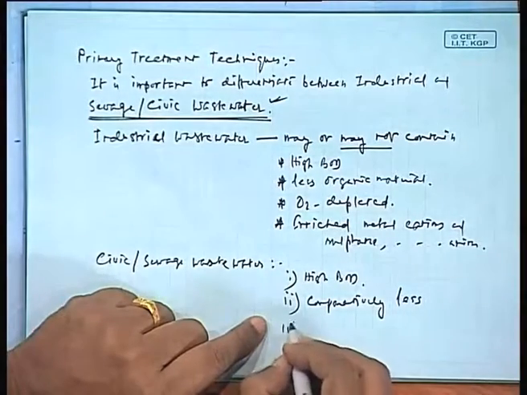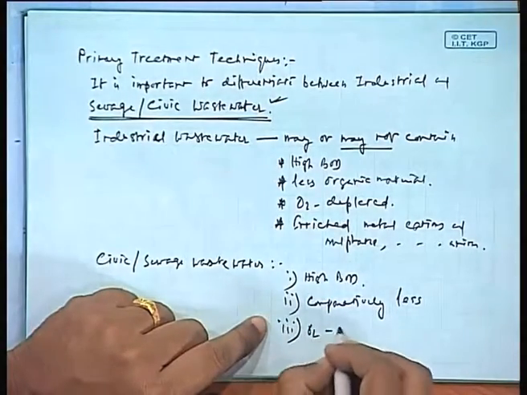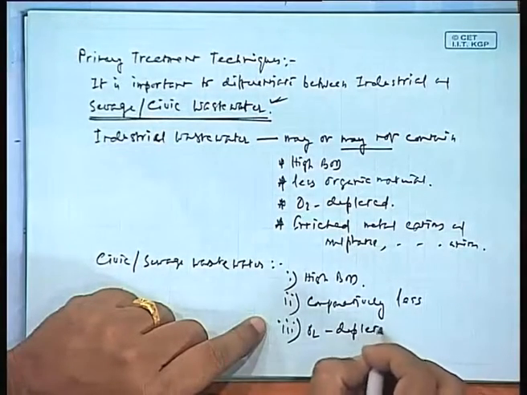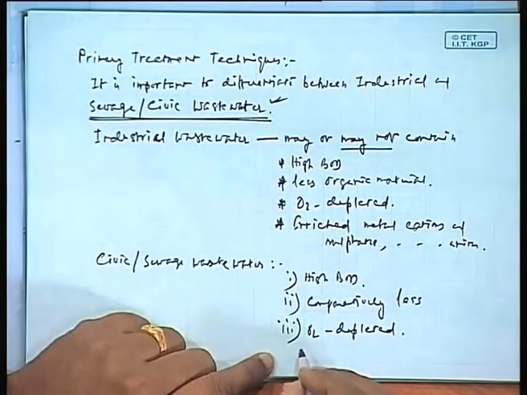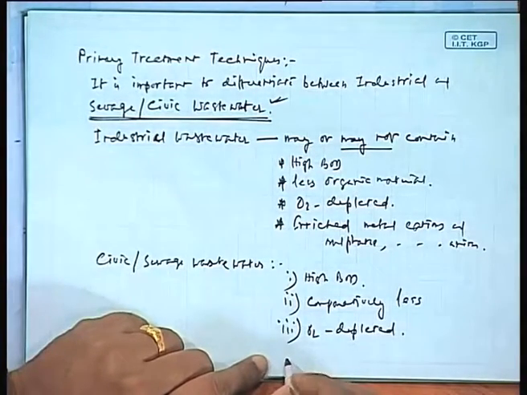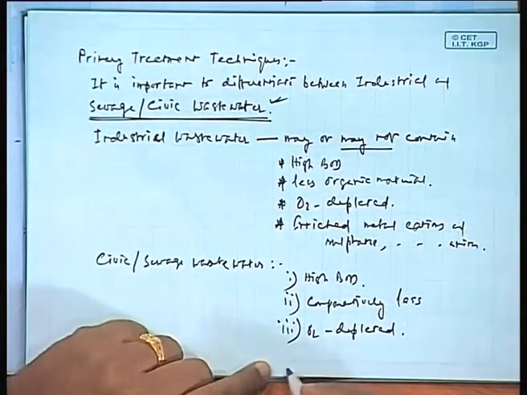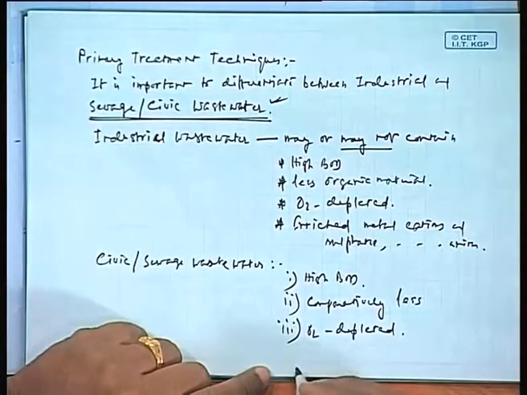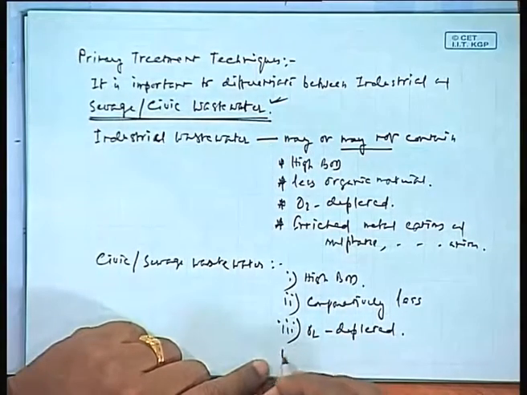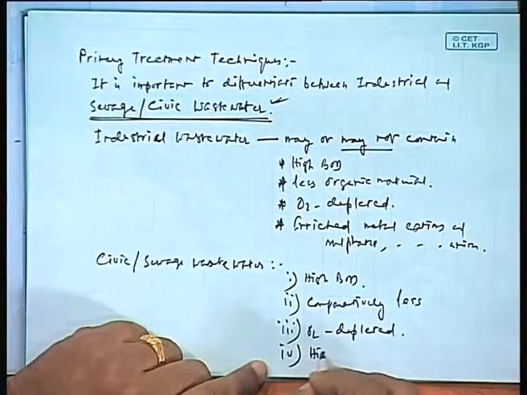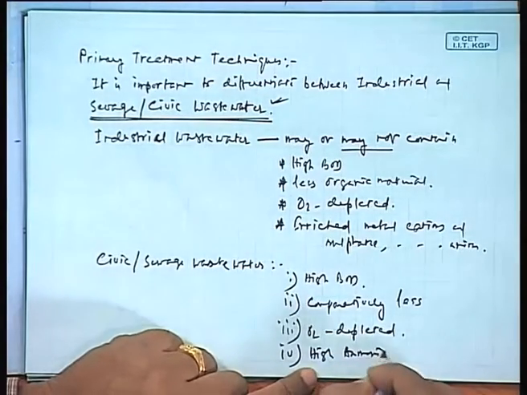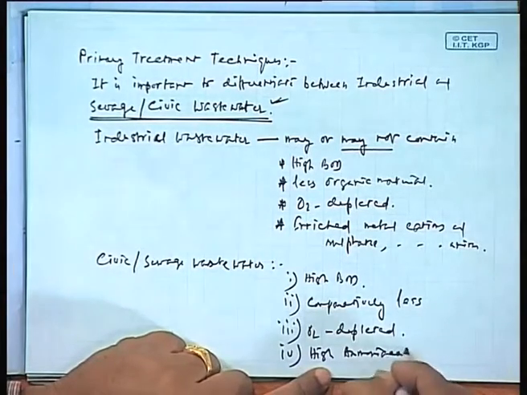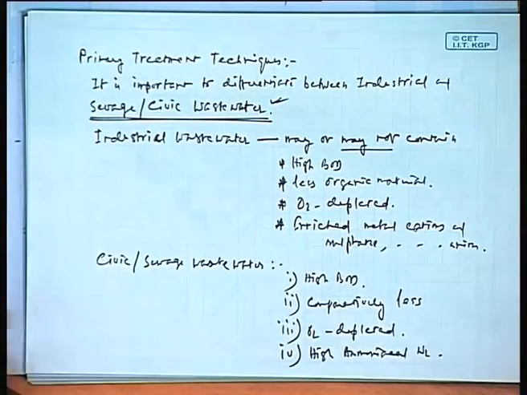It would also be oxygen depleted, deficient in oxygen. You may or may not find some of these metal cations and sulfates. Another very important thing here is that it is high in nitrogen, high in ammoniacal nitrogen. So this is the difference.